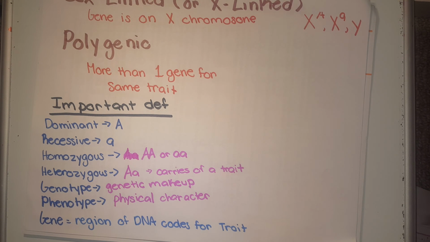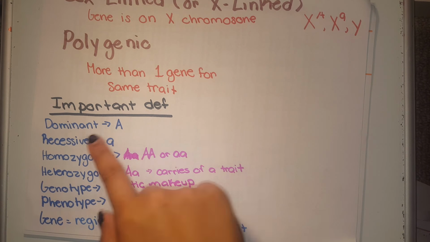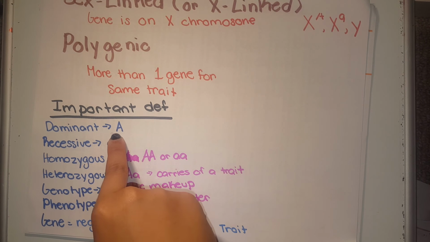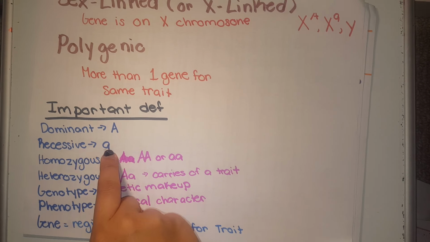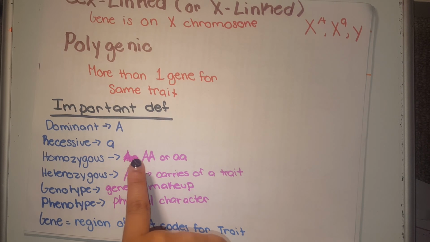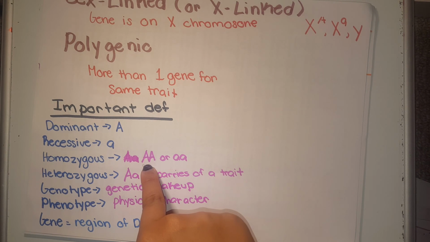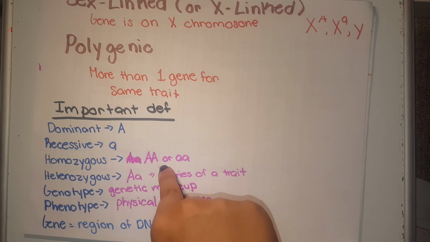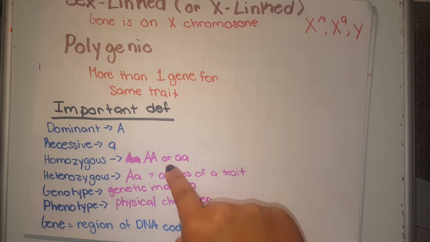Sex-linked, or X-linked, is when the gene is on the X chromosome, and polygenic is more than one gene for the same trait. Now, important definitions. Remember, a dominant has a capital A, and recessive has a lowercase a. Homozygous is when there are two capital A's, or two recessive, two little a's.